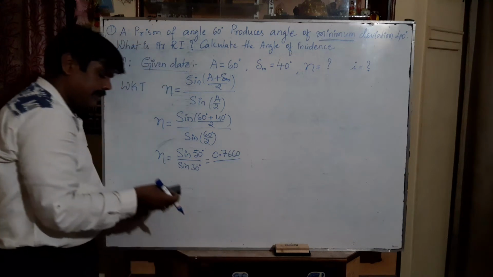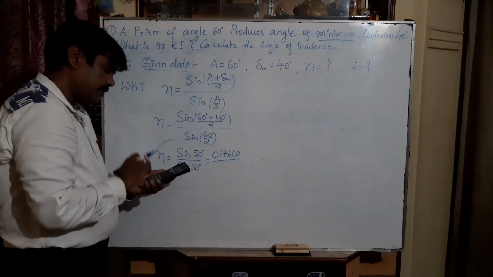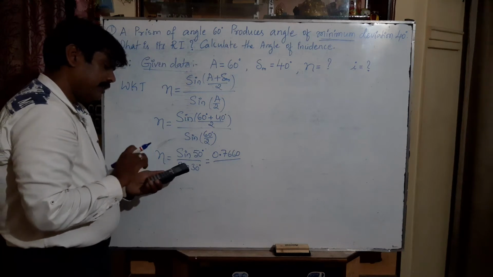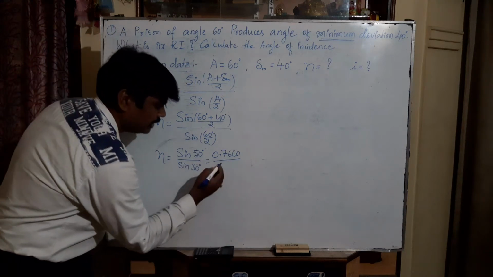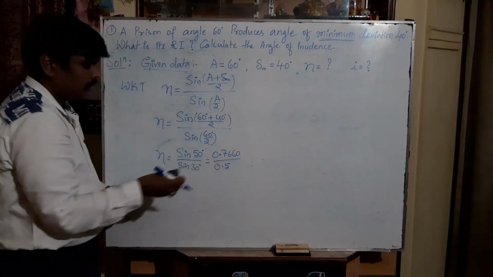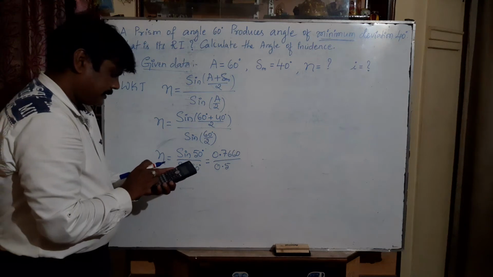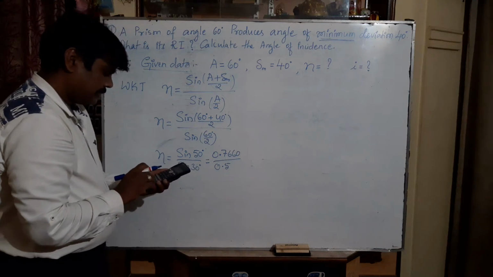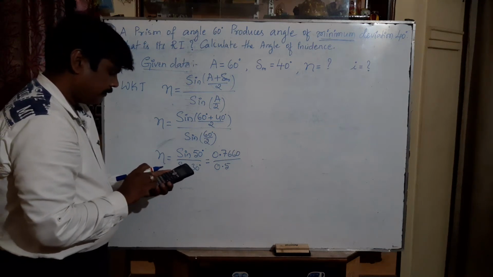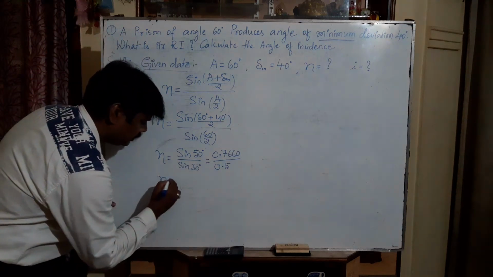There also we will get sine 30, but sine 30 is a standard value. So you can use the log table or you can write the standard value here. You know that the sine 30 value is how much? 0.5. Now if we take the ratio of these two, 0.766 divided by 0.5, we will get 1.532.